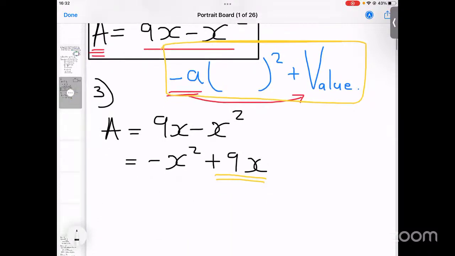So we are forced to now complete the square. So how are we going to do that? We've just done it. But before we can even complete the square, let's see.